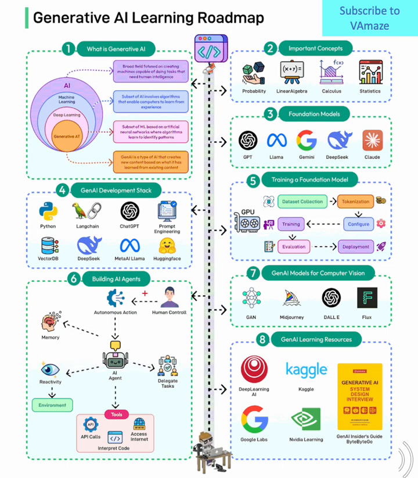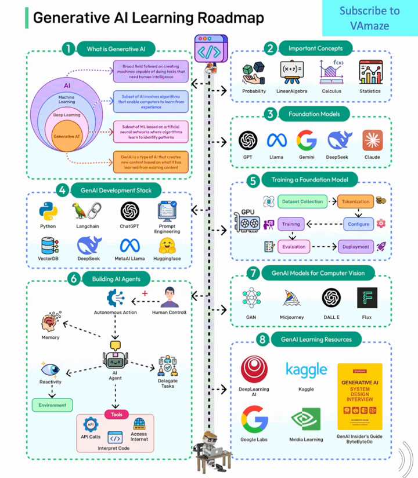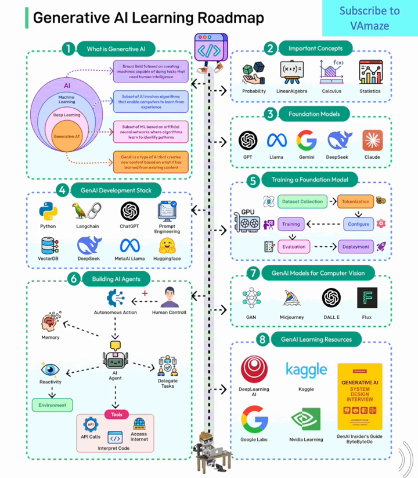Midjourney and DALL-E are well-known proprietary systems that use transformer or diffusion frameworks to generate artwork and photorealistic images from text prompts. Flux is an example of an open-source or research-focused vision model. These models can generate new images, edit existing photos, or even produce video sequences, all by learning the statistical patterns of pixels in large image datasets.